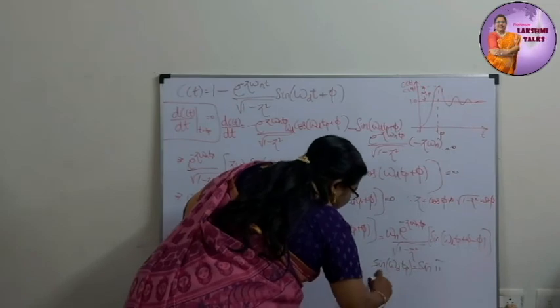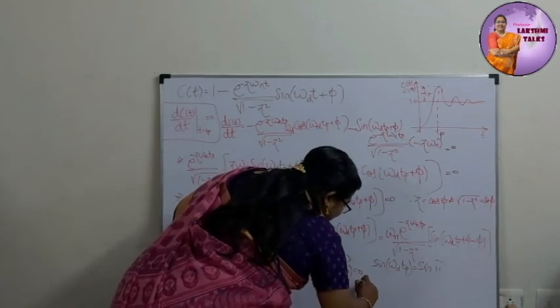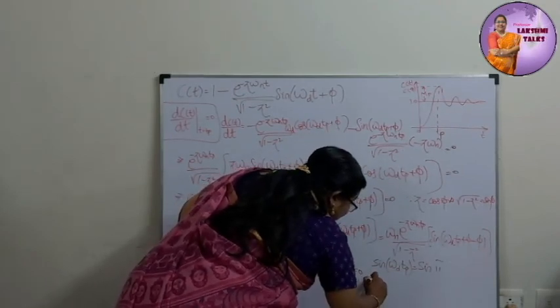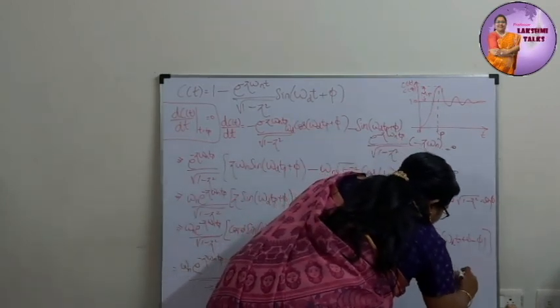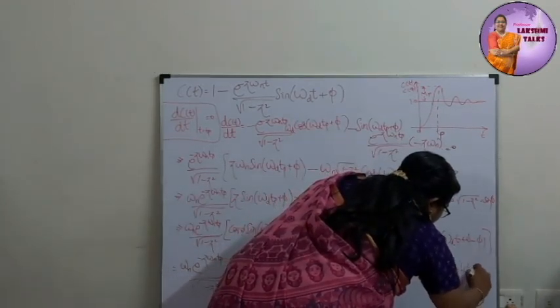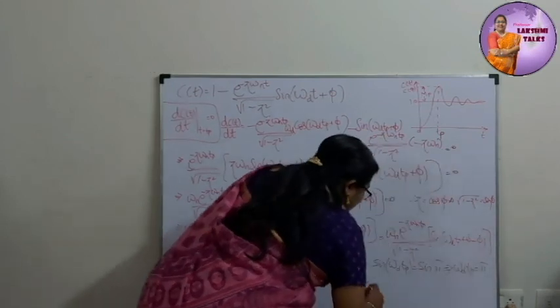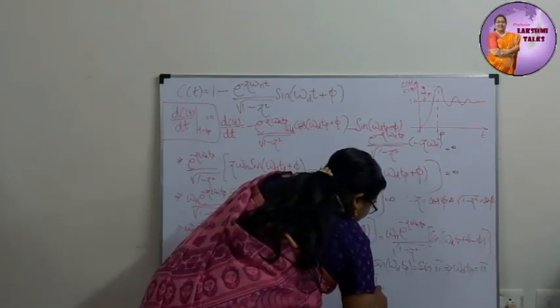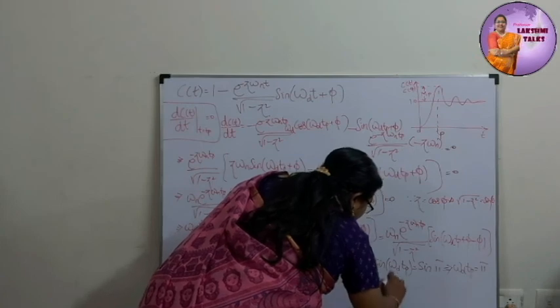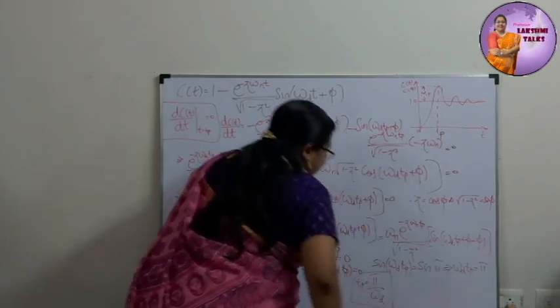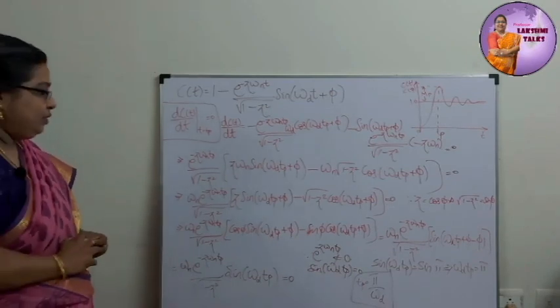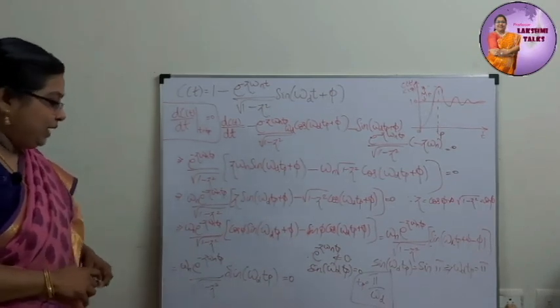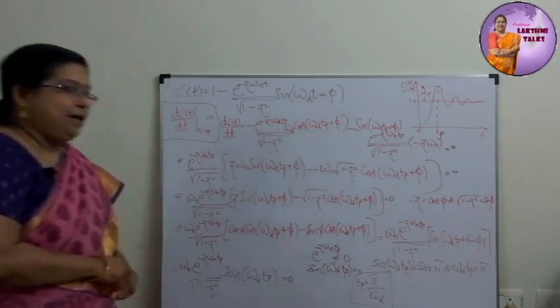So omega d tp is equal to pi, or tp is equal to pi by omega d. So this is the expression for peak time. Okay, so tp is equal to pi by omega d.